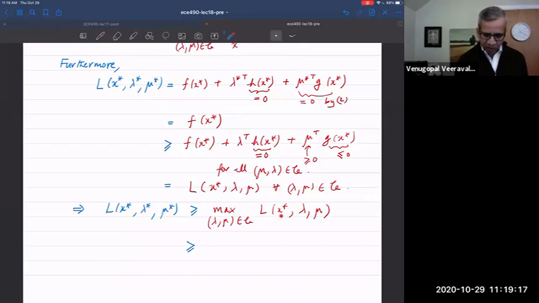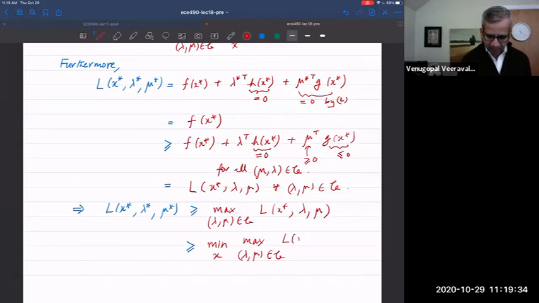This is a particular choice of x. So if I minimize over x, then I'll get something smaller. So this should be larger than the minimum over x of the max. Let's call that 4.